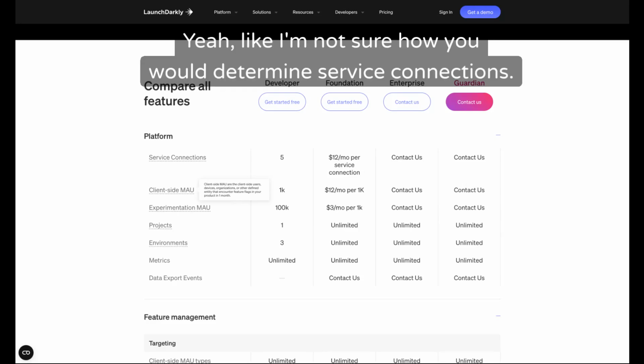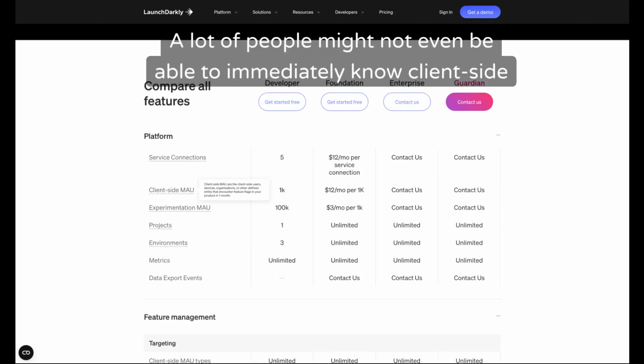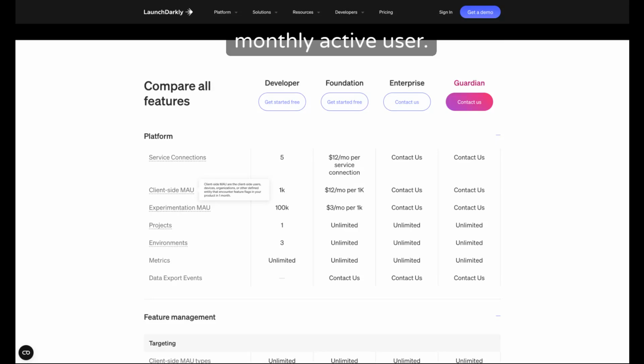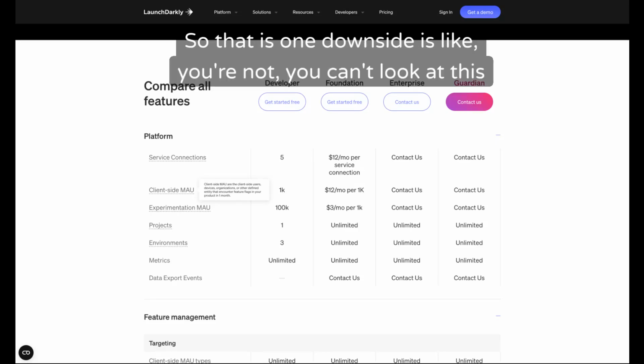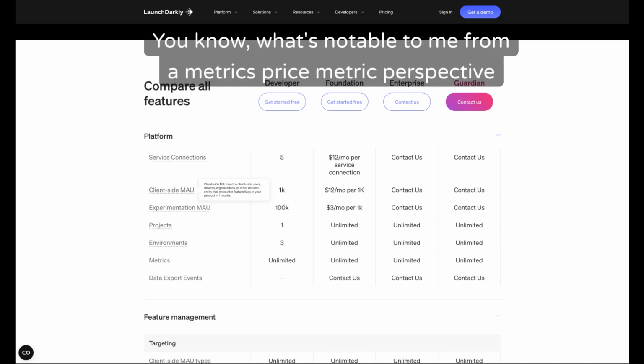I'm not sure how you would determine service connections. Not all personas could. And a lot of people might not even be able to immediately know client-side monthly active users. So that is one downside: you can't look at this and know what you're likely to pay.